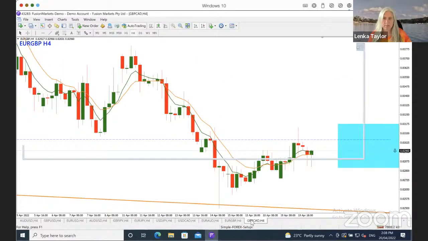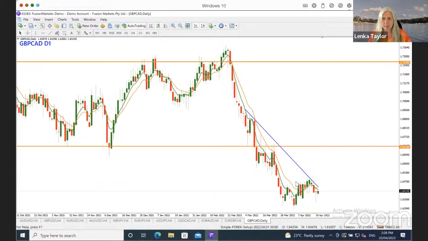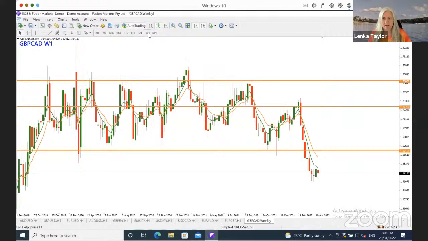And the last currency pair I'm looking at is GBPCAD. And GBPCAD, I'm still looking for short. We did have the price pop up a little bit above the EMAs last week, but now it's again below. Weekly is still in a downtrend.